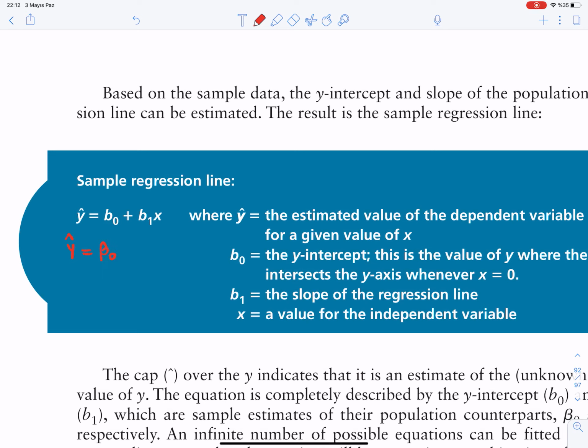Beta null is the actual parameter of the intercept, and the hat represents that it is an estimation. So you may see such a representation in many books. Don't forget about this.